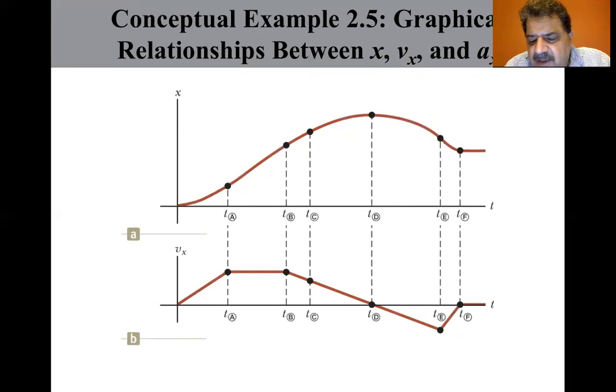Between td and te, the slope of the x versus t graph, and therefore the velocity, are negative and decrease uniformly in this interval. In the interval te to tf, the slope of the x versus t graph is still negative, and at tf it goes to 0. Finally, at tf, the slope of the x versus t graph is 0, meaning the object is at rest for t greater than tf.